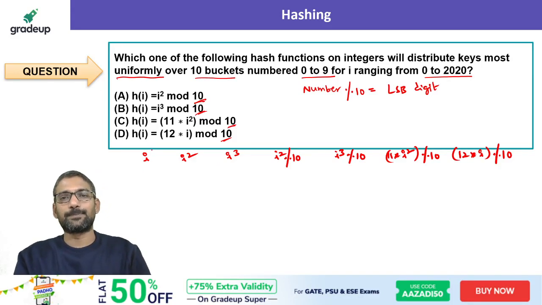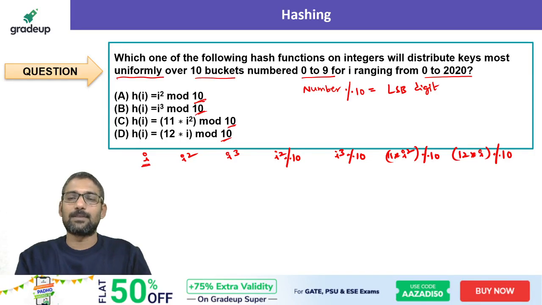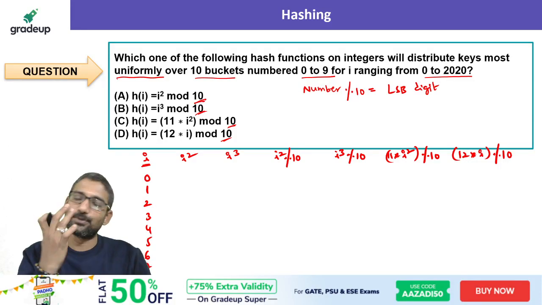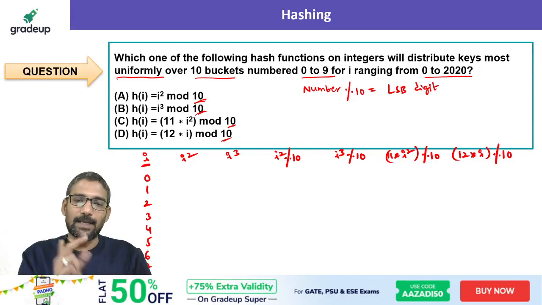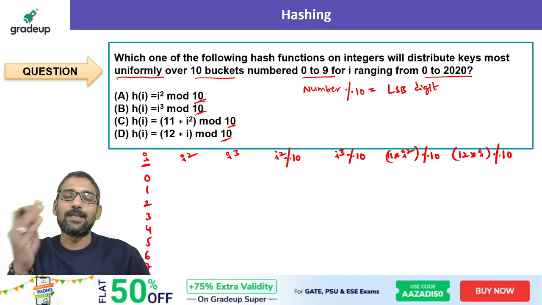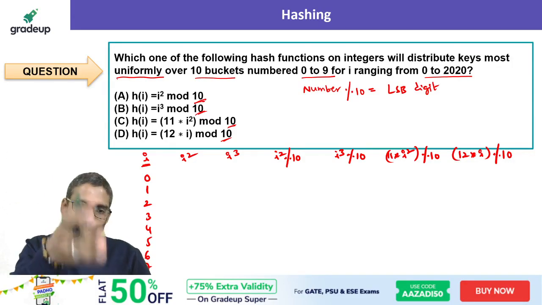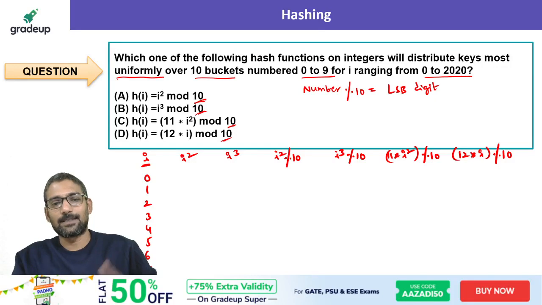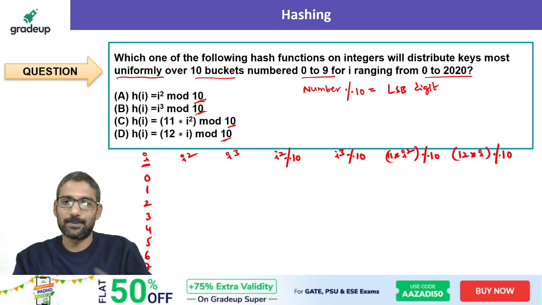If you take 0, you will get 0, 1, 2, 3, 4, 5, 6, 7, 8, 9. You take the numbers from 0 to 20: 10 mod 10, 0 only. 11 mod 10, 1. 12 mod 10, 2. 364 mod 10, 4. So you will get all the digits from 0 to 9, because you get the LSB.